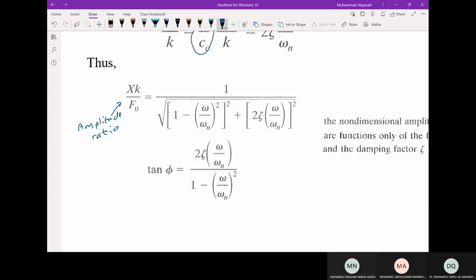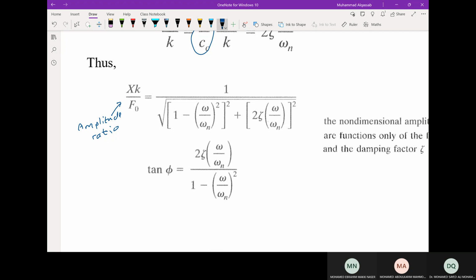And of course, changing K or changing C or changing M is going to change omega n and zeta, because omega n is square root of K over M, and zeta is C over Cc, which is a function of M and K as well, and C. So changing M, K, or C is going to change omega n and zeta, or omega over omega n.